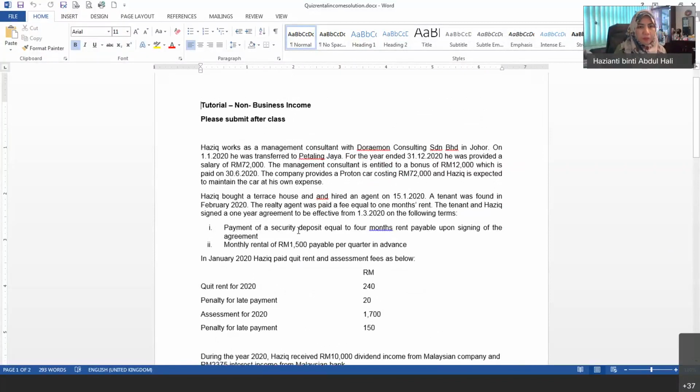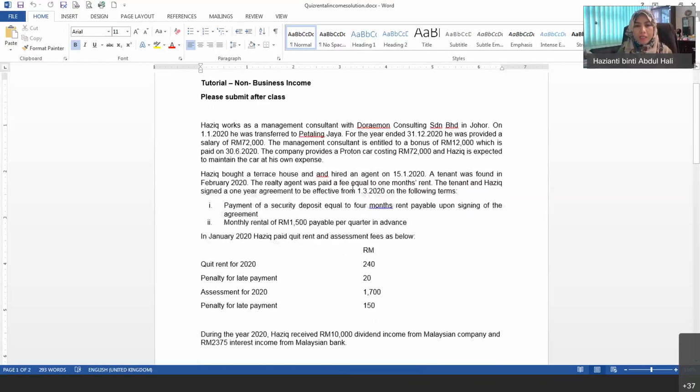This would be 15 marks. So here you're given this Haziq, and he works as a management consultant in Johor. 1st Jan transferred to PJ. For the year ended 31st December, he was provided a salary of 72,000. Management consultant entitled to a bonus of 12,000. Okay.